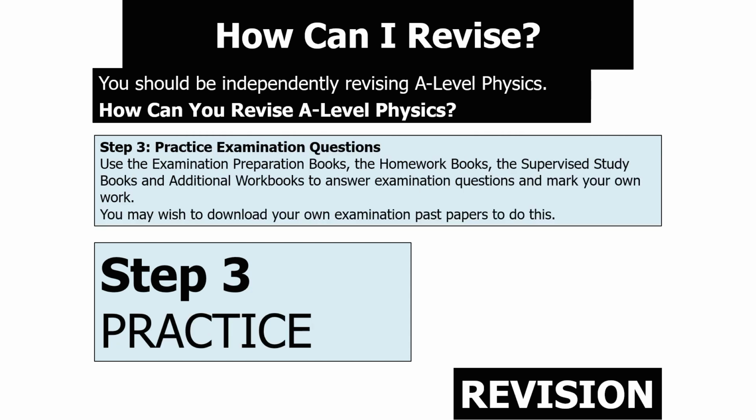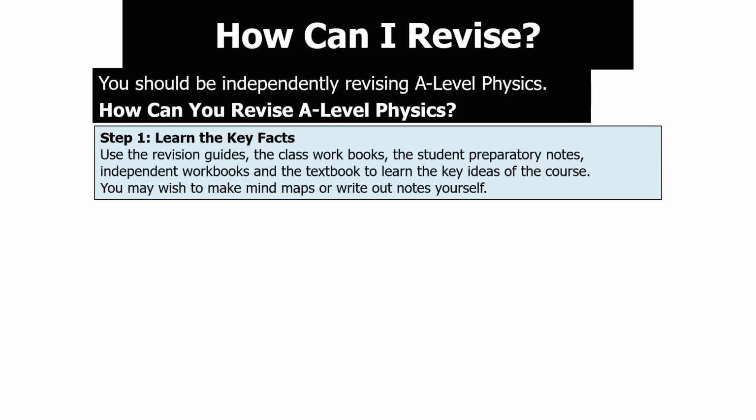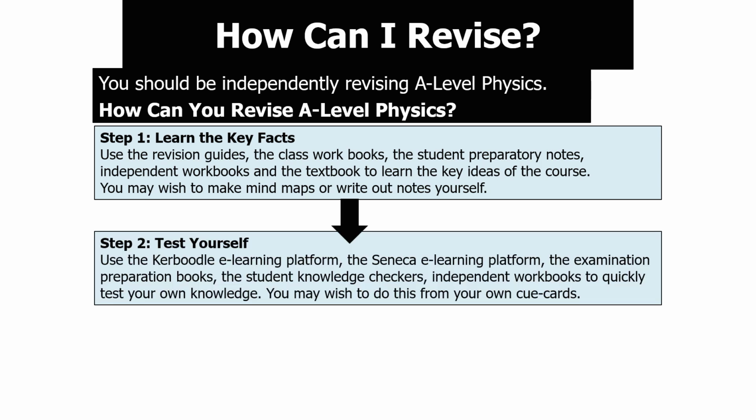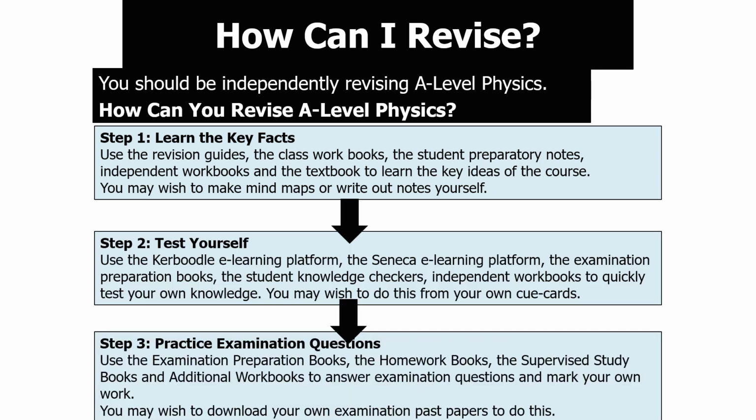Then the third step is to practice exam style questions. So use examination preparation books, homework books, supervised study books, additional workbooks to help answer exam questions and mark your own work, and you may wish to even download your own exam past papers to do this. So the three steps will be learning the key facts, then testing yourself, and then practicing examination style questions.